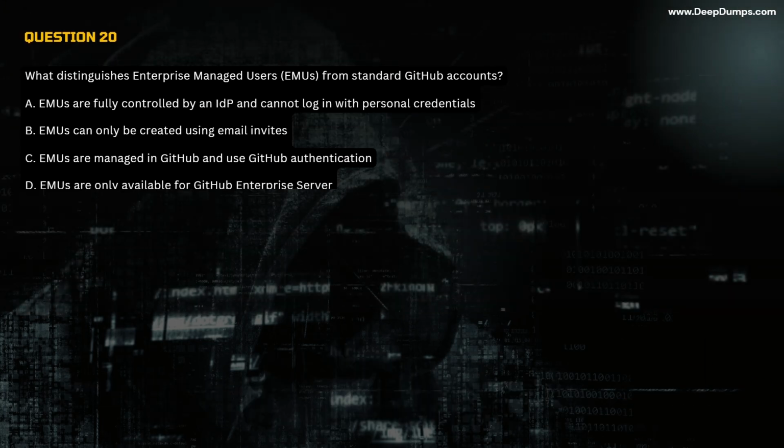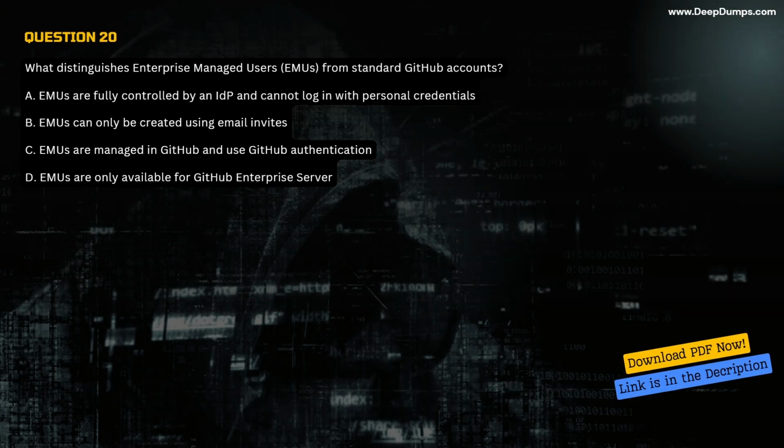Question 20. What distinguishes Enterprise Managed Users (EMUs) from standard GitHub accounts? A. EMUs are fully controlled by an IDP and cannot log in with personal credentials. B. EMUs can only be created using email invites. C. EMUs are managed in GitHub and use GitHub authentication.